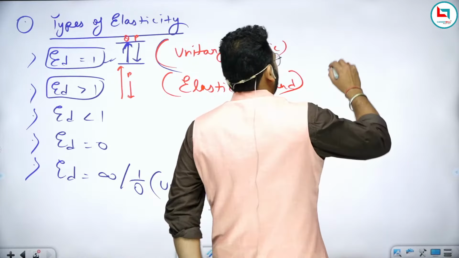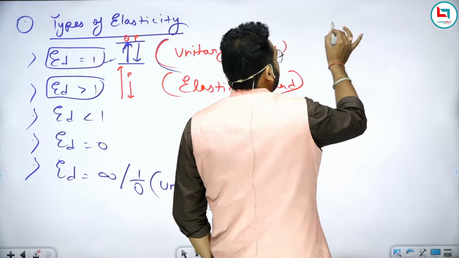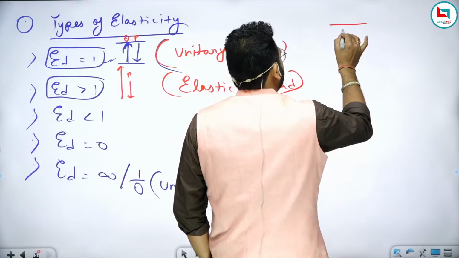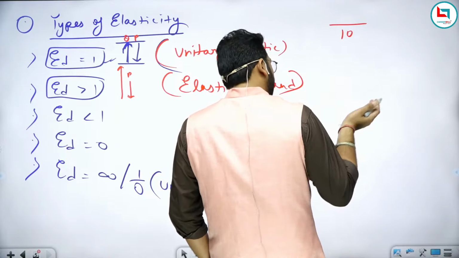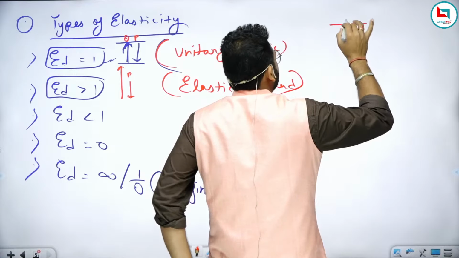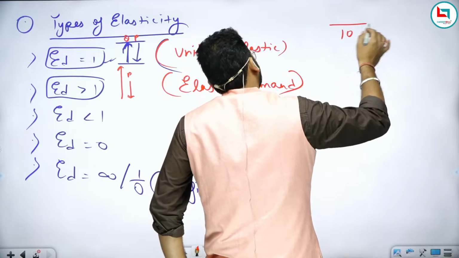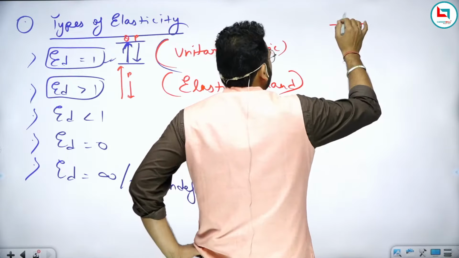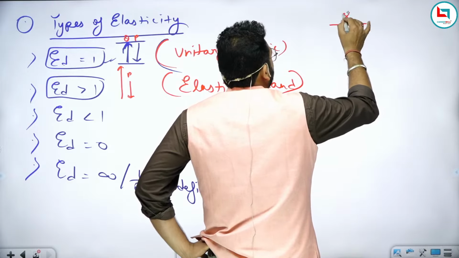Let's take an example. If there is a change in the price, let's say 10%, and in respect of the change in price, the demand quantity is changing, let's say 18%.